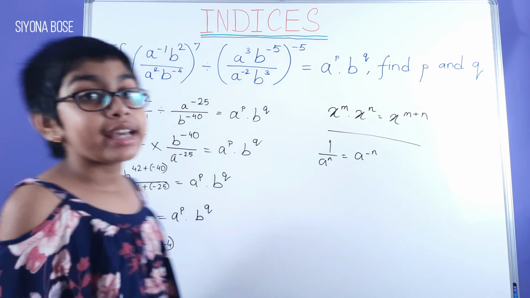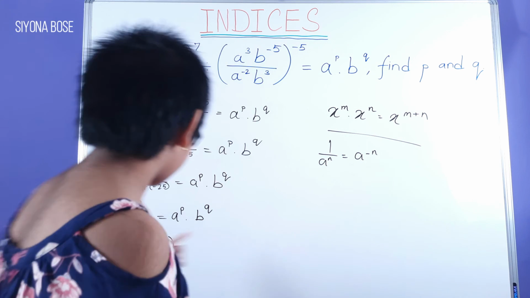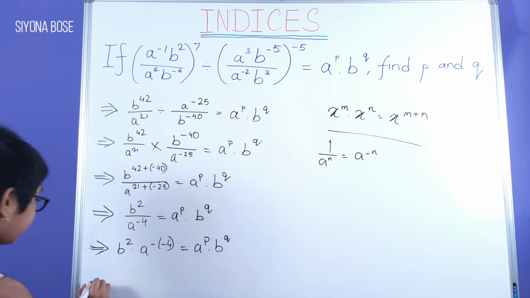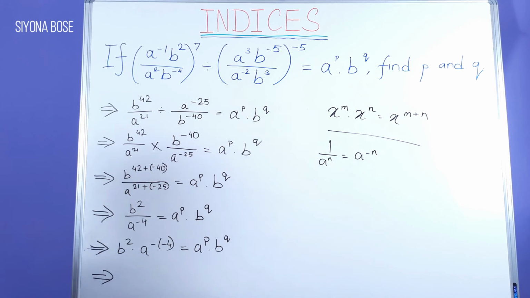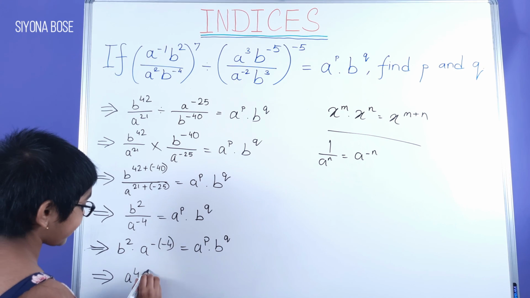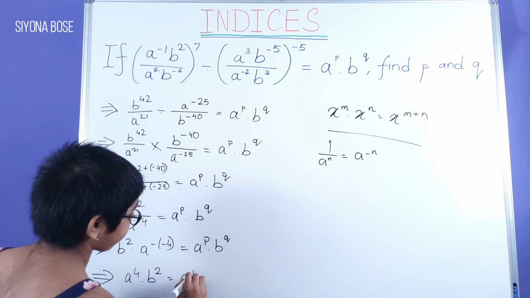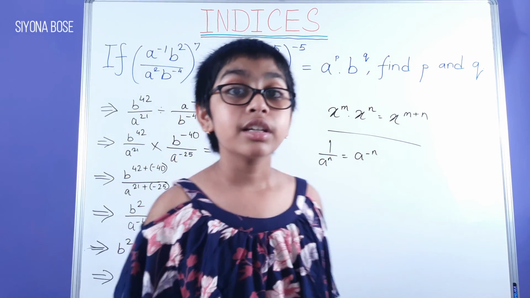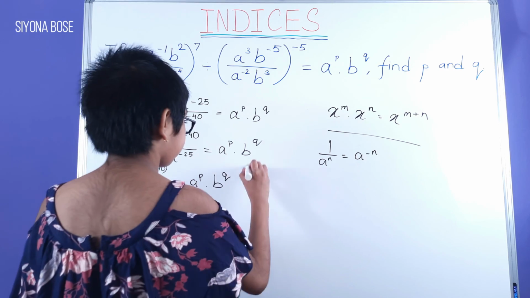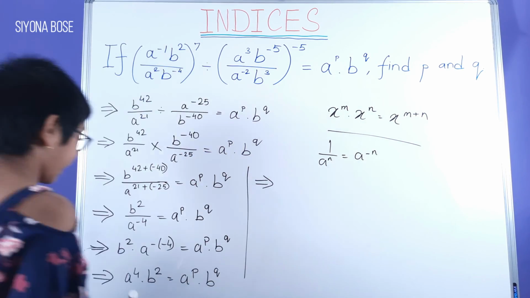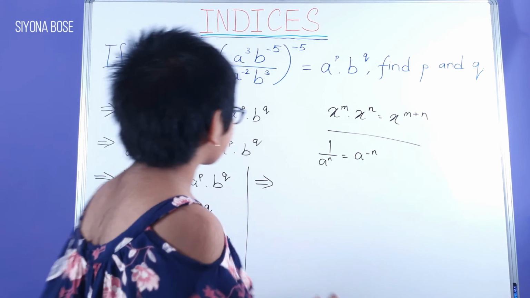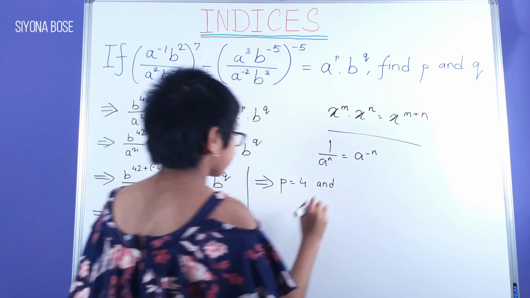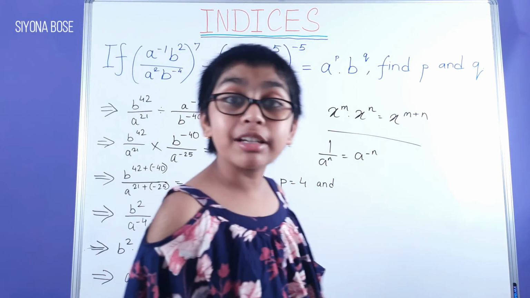That means it's actually a to the power minus 4 equal to a to the power of p into b to the power of q, which implies that a to the power of 4 into b squared is equal to a to the power of p into b to the power of q, which implies that p equals 4 and q equals 2.